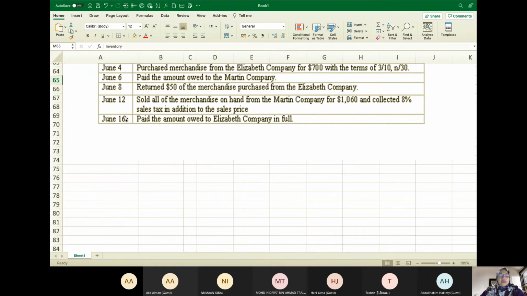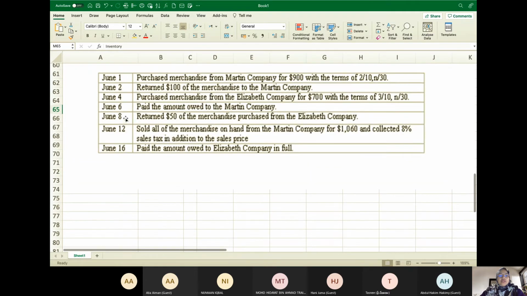So here is June 16. Elizabeth, when you first purchased from Elizabeth, you have 3/10 net 30. What does it mean by 3/10 net 30? Discount 3% if you pay within 10 days. So when do you actually pay Elizabeth? Is it within 10 days or after 10 days?